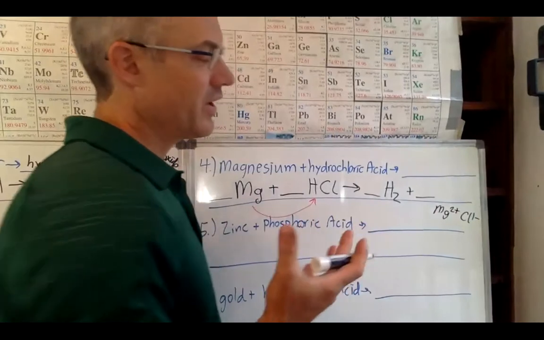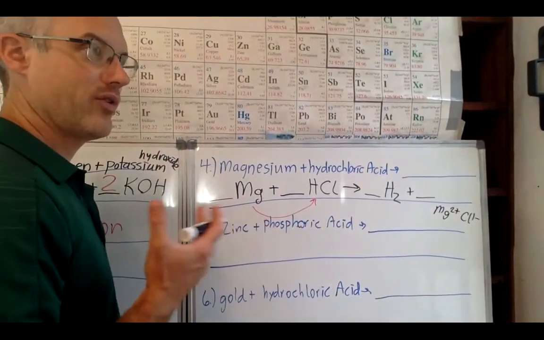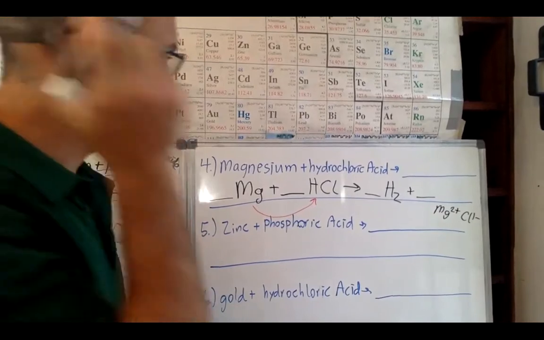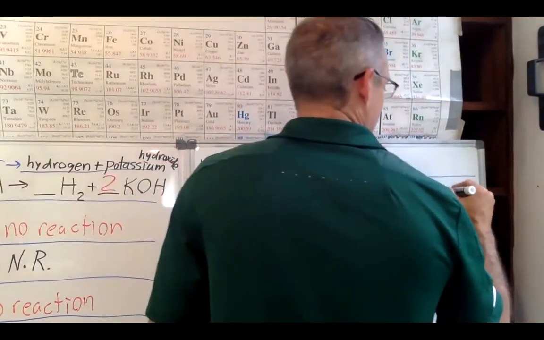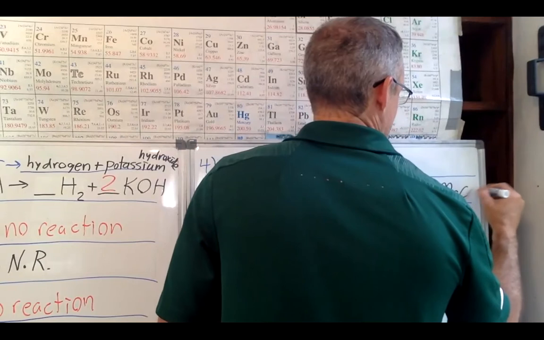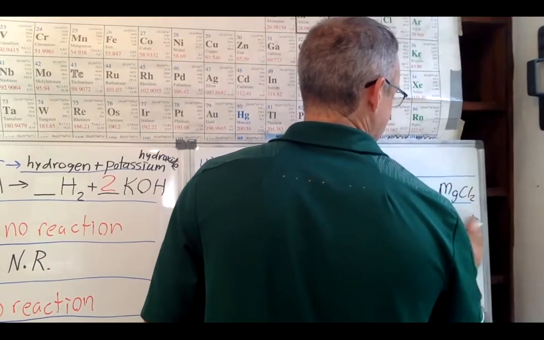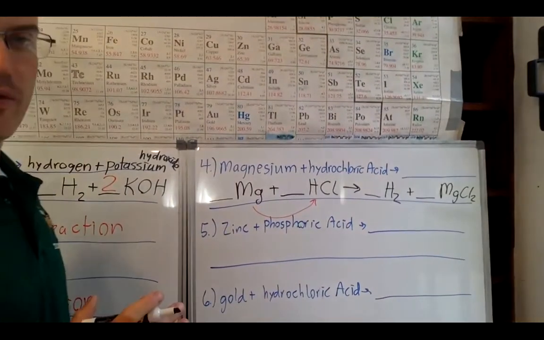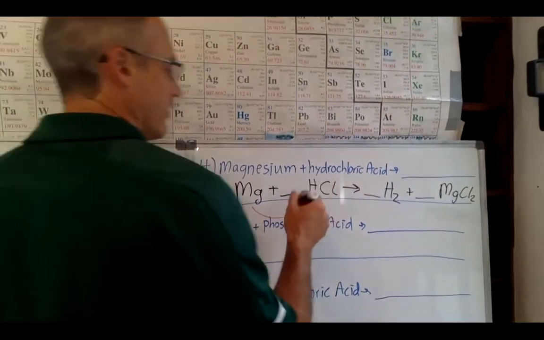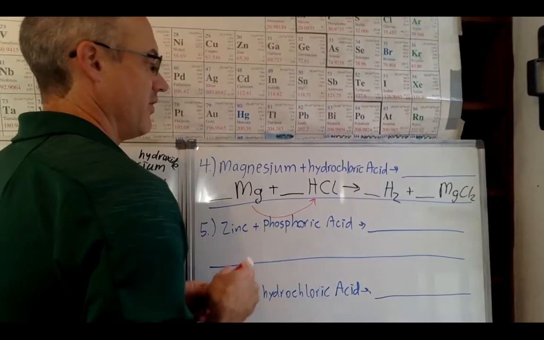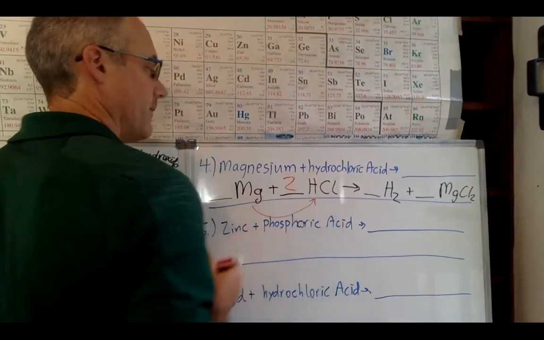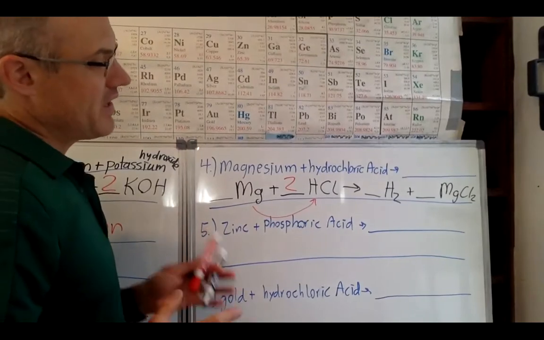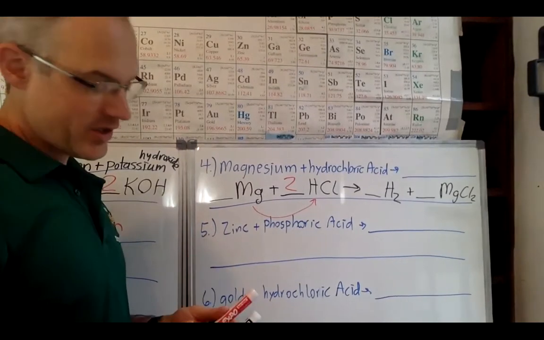So when those go together, you actually need 2 chlorines to balance out the charge of the magnesium. So it's going to be MgCl2. Which means to balance it, there needs to be a 2 on the HCl over here, like that. Okay, so that's the reaction.